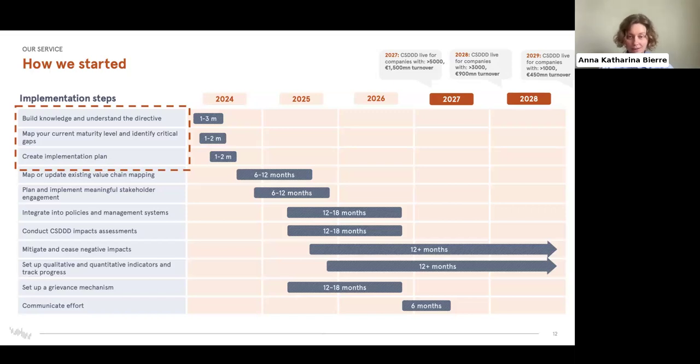And that's also because due diligence is just not a task that sits with one department. It really needs to be embedded across the operation. Then the next step is to map the current maturity level of existing initiatives, identify the critical gaps, prioritize them, and then make that feed into a targeted and prioritized implementation plan.